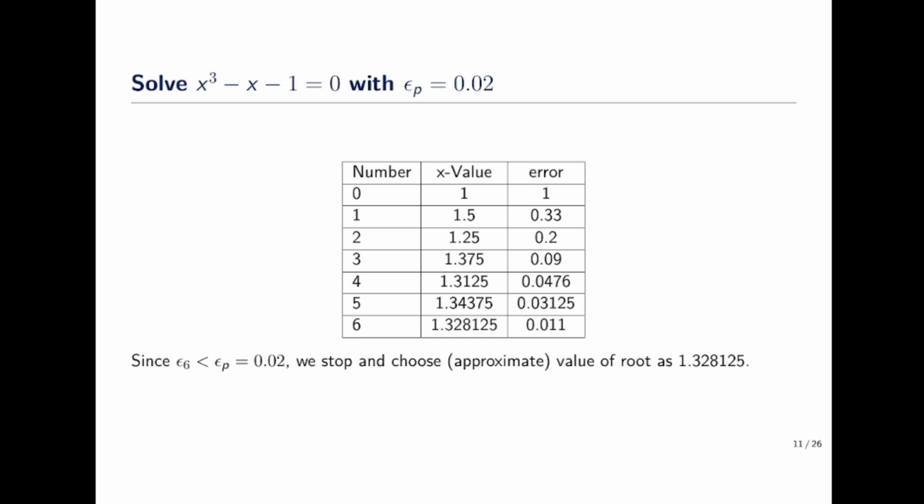So you can see from the table that at the sixth stage, when x6 is 1.328125, our epsilon r will be 0.011, which is less than our given epsilon p. So we will stop our process there, and we will say that our approximate value of the root is 1.328125.